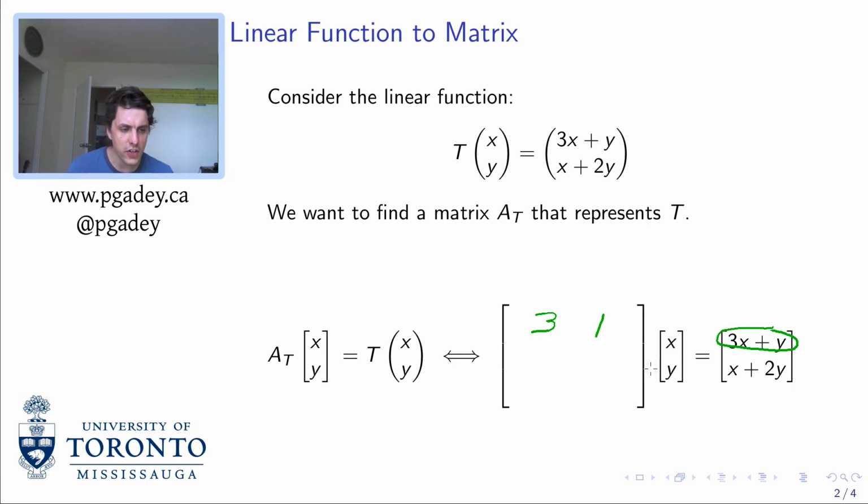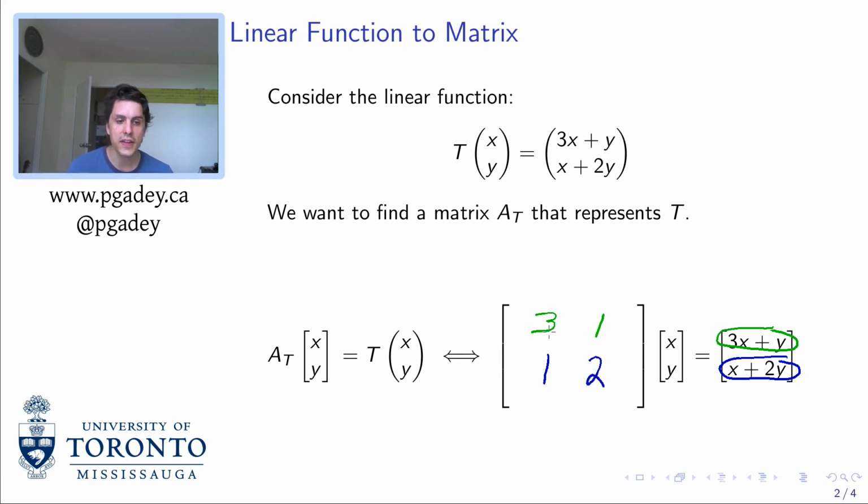Now let's look at our second row. We want to get x plus 2y. So we need something that when we multiply it against xy gives us x plus 2y. So we need to put a 1 here and a 2 here.